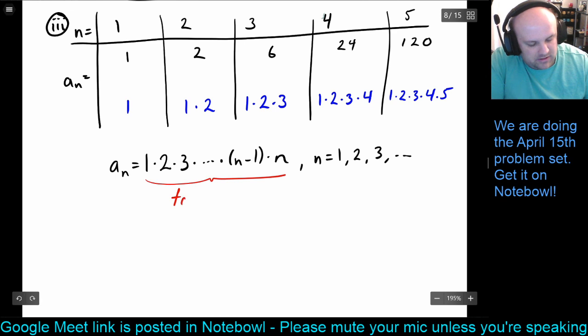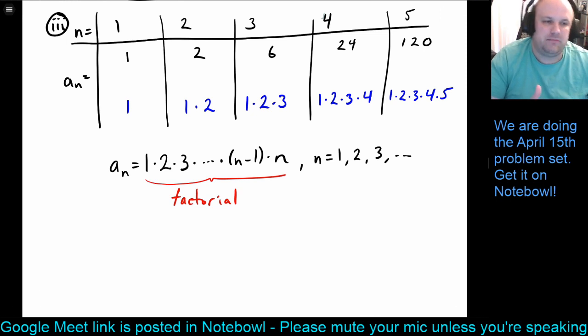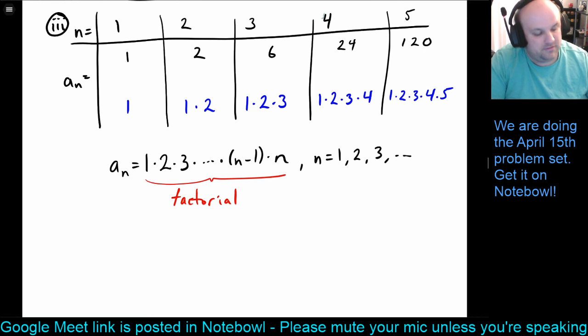This is something we call a factorial, where we start at 1 and we multiply up through a number. So like 5 factorial would be 1 times 2 times 3 times 4 times 5, for example.